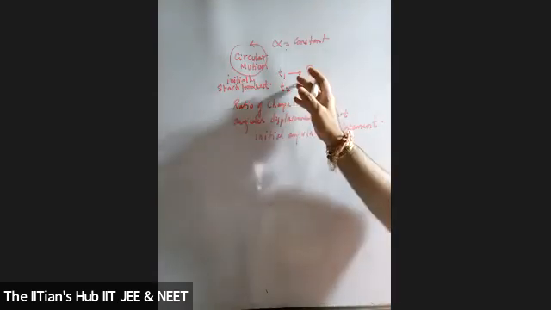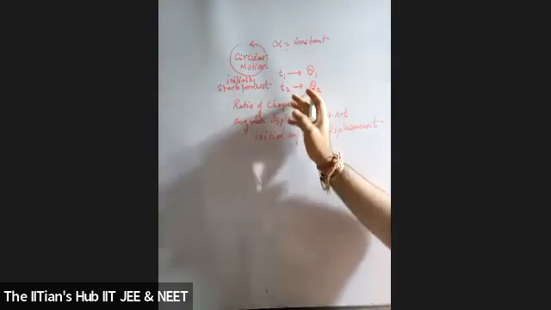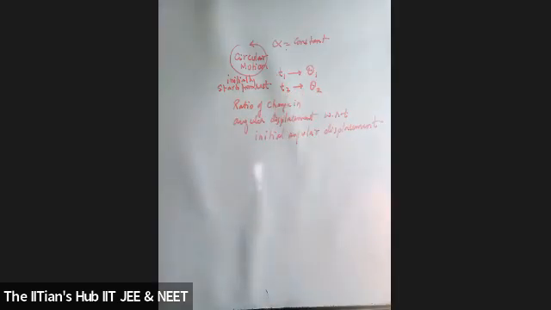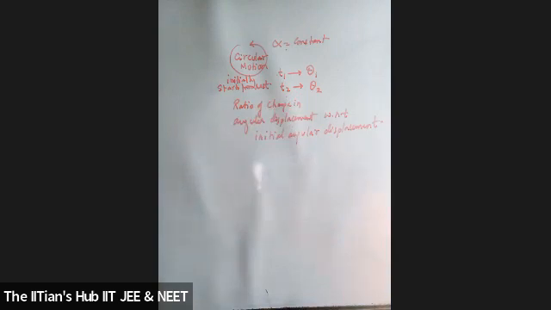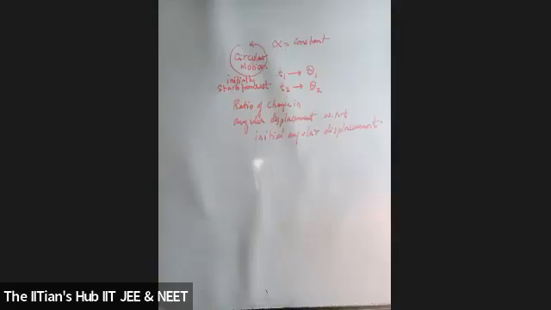It covers angular displacement theta 1 in time t1, theta 2 in time t2. I need to find out the ratio of change in angular displacement with respect to initial angular displacement. Is this question clear to all of you? Yes, sir.